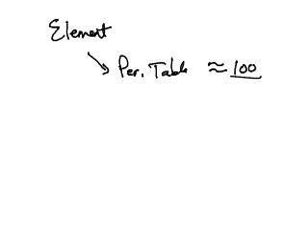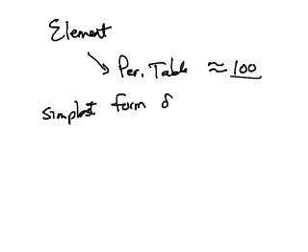But what's actually kind of like the definition of an element? Go ahead. Yes, simplest form of matter. That's a little bit, why is that a little bit weird? Because we know that elements consist of, well, elements and atoms are really the same thing.